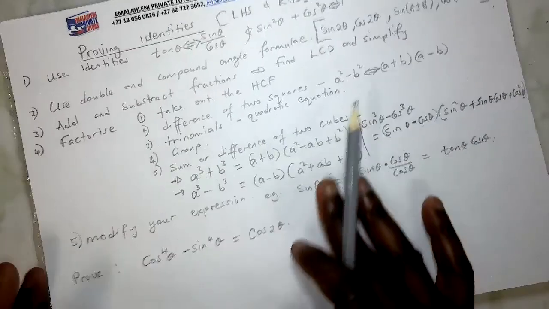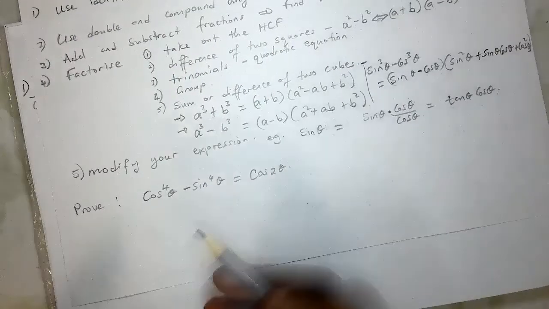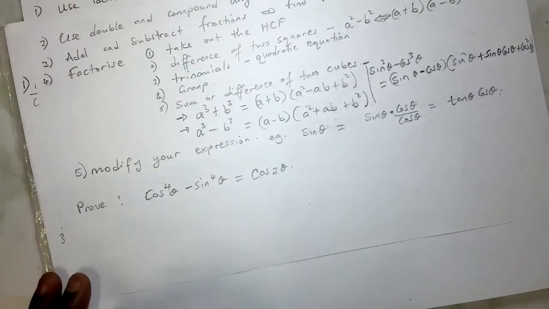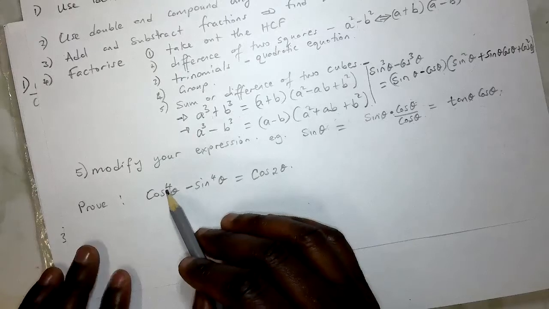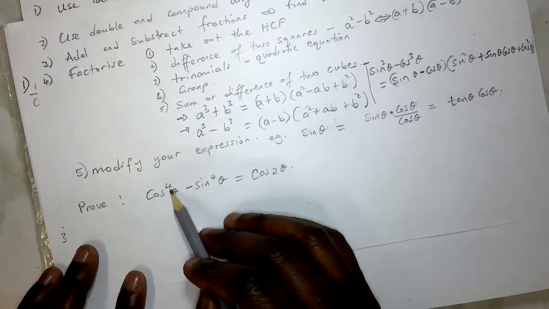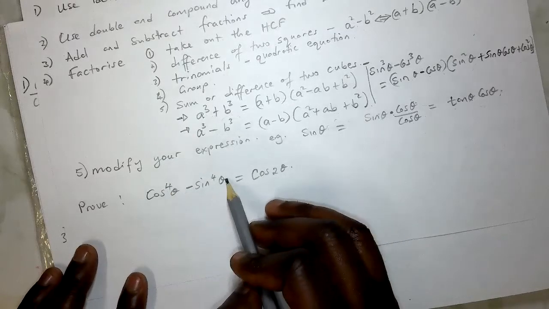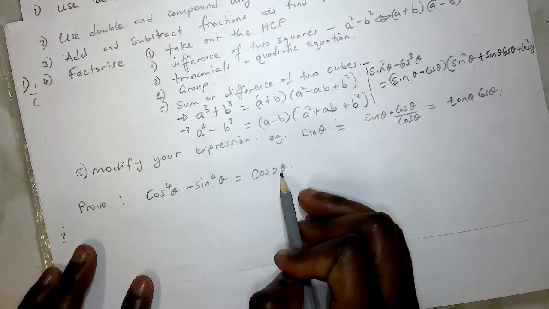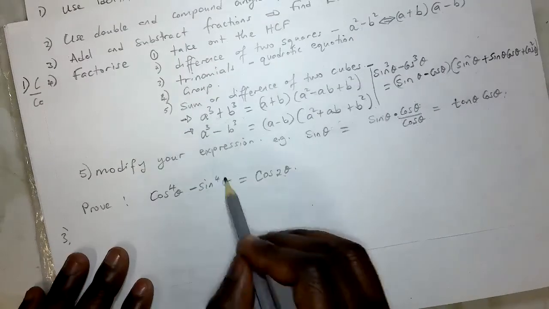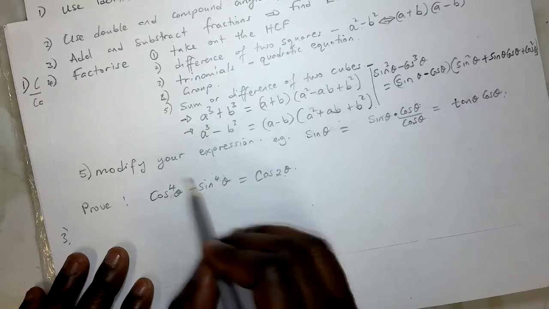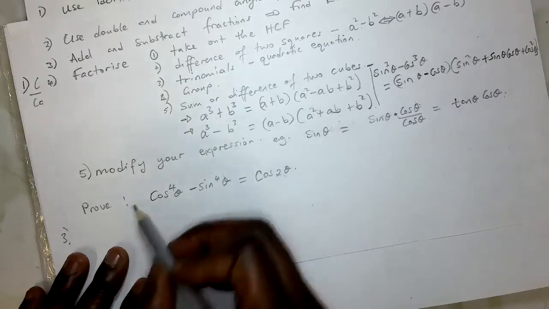So now let's look into some of the examples that I've put here so that we can do them together. Now, cos to the power 4 minus sine to the power 4 is equal to cos 2 theta. Now, what do we need to know for this? This is a difference of two squares, guys. Difference of two squares. Don't forget this. So what do we know?